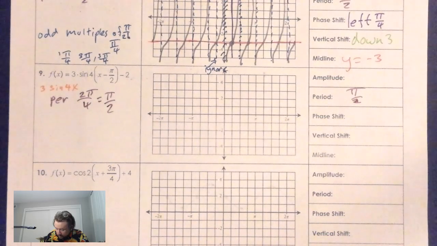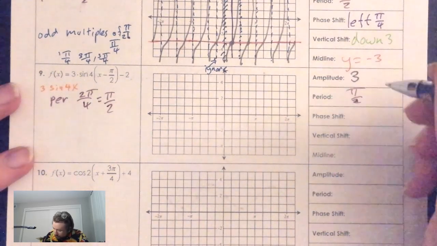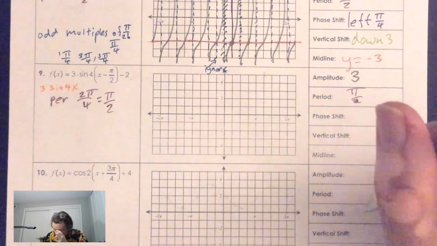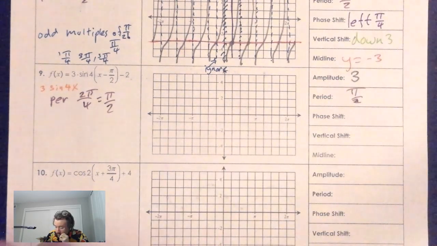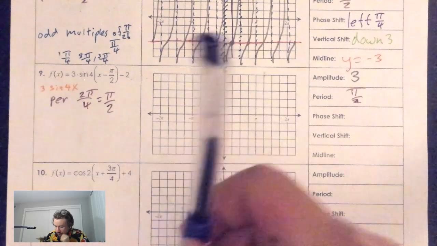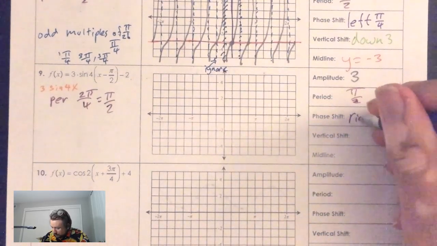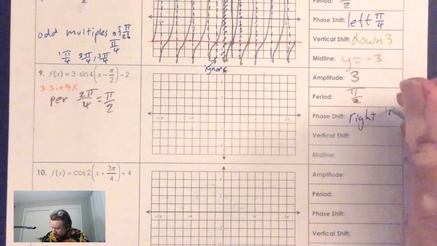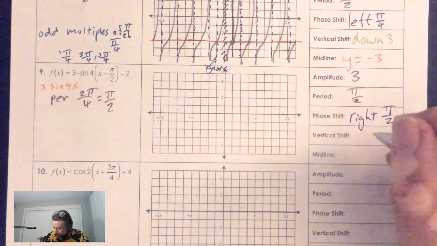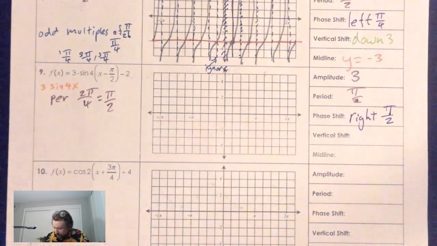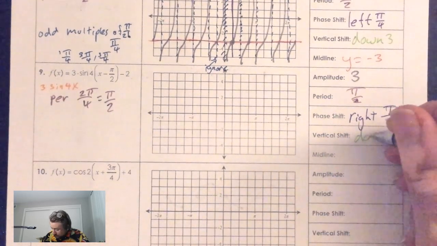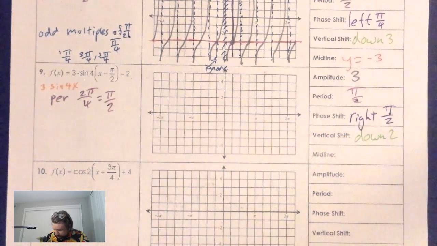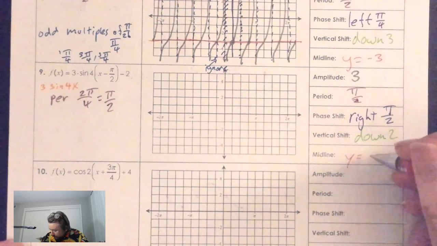Its amplitude is 3. Its phase shift, we can still look at these. Phase shift would be going to the right by pi over 2. Its vertical shift is down 2. And its midline would be at y equals negative 2.